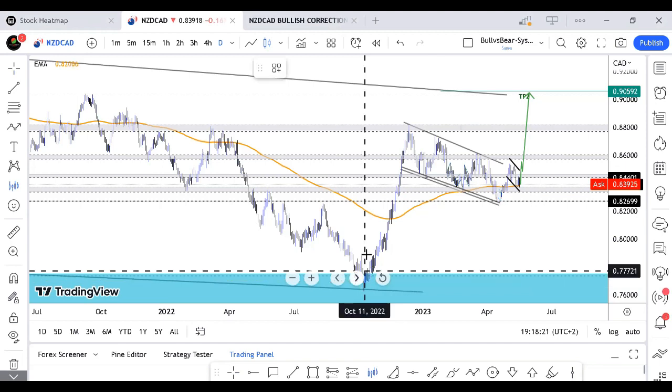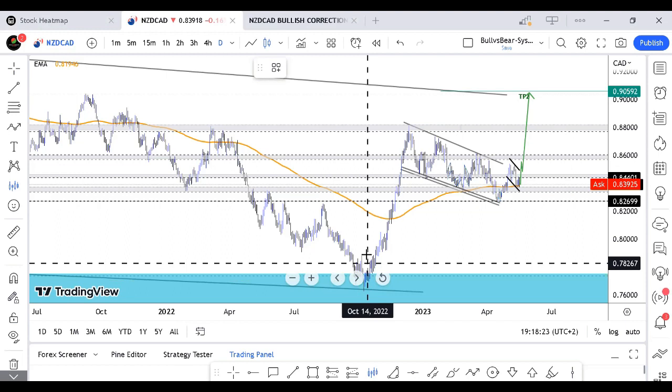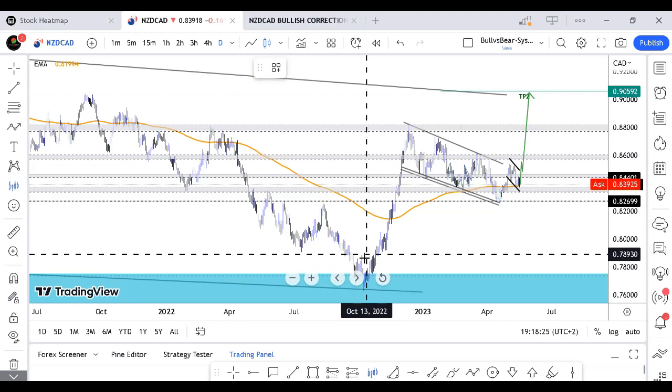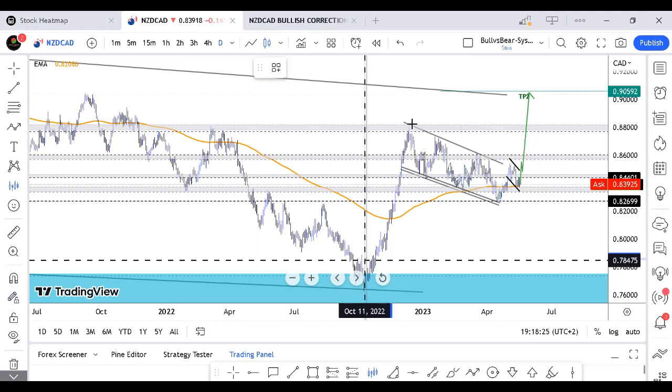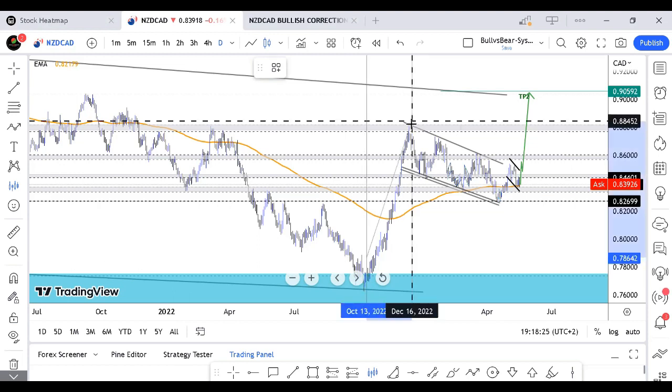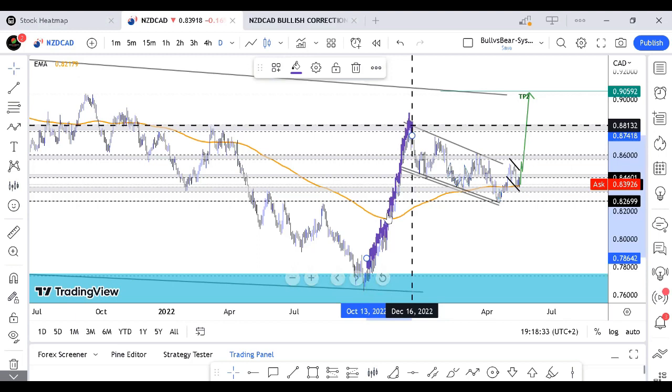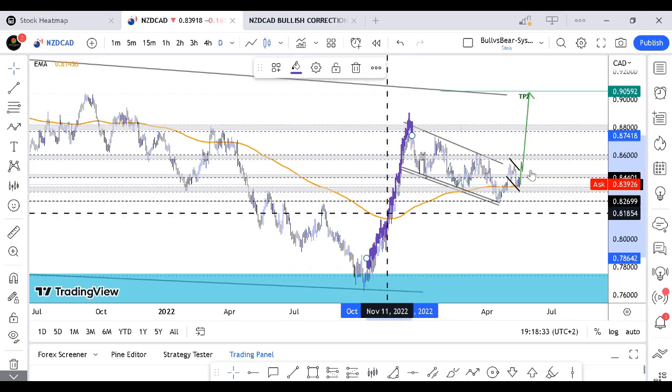So let's measure. We start at the low of the previous correction, cut it like this, and place it after the breakout or inside the current correction.